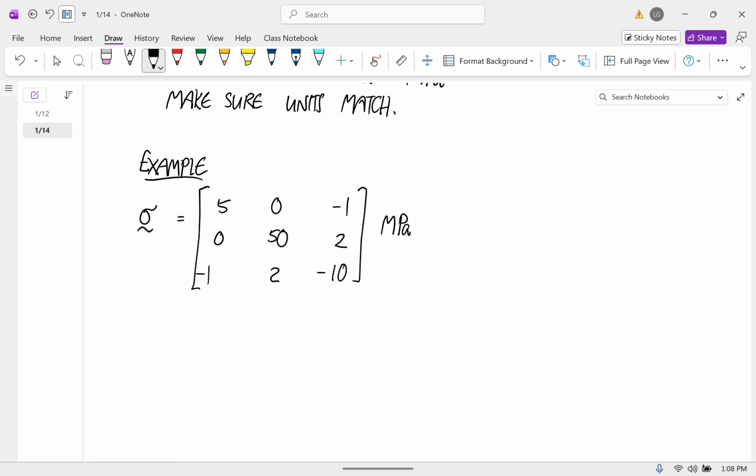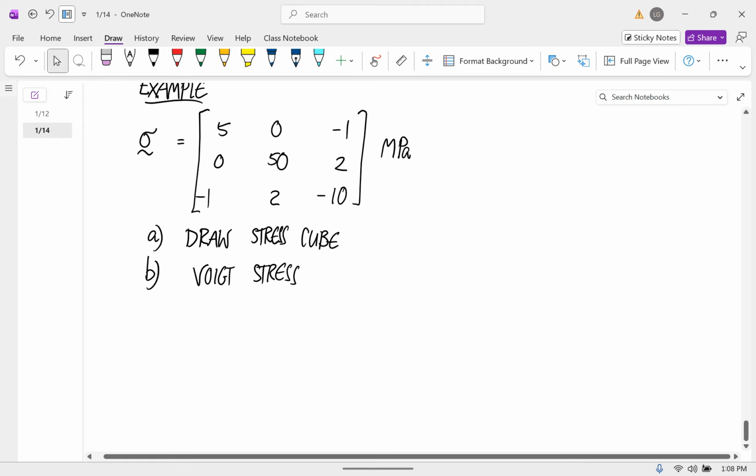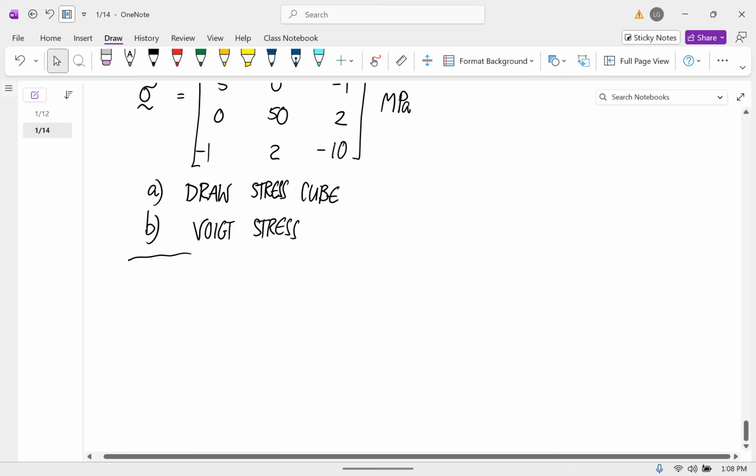And now what we want to do is first draw the associated stress cube. And second, give the Voigt stress. Okay, so here's our stress cube.